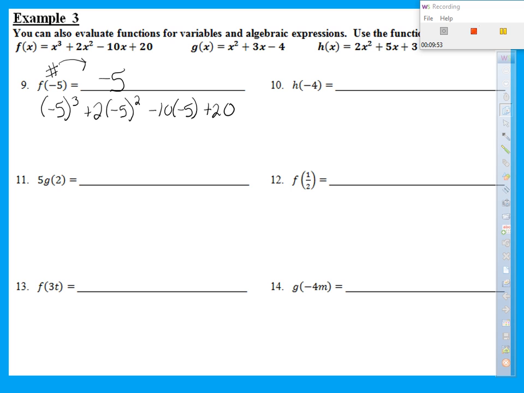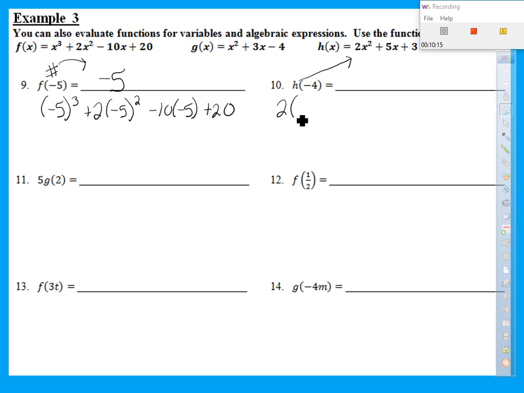So when I do my number 10, h of negative 4, it says go hunt down the function that starts with an h. So your eyes will go to this function right here. Wherever there's an x, throw it away and plug in a -4. So it's going to look like this, guys.